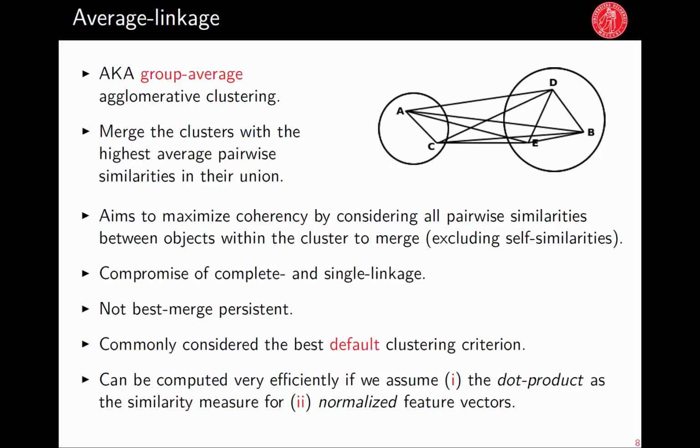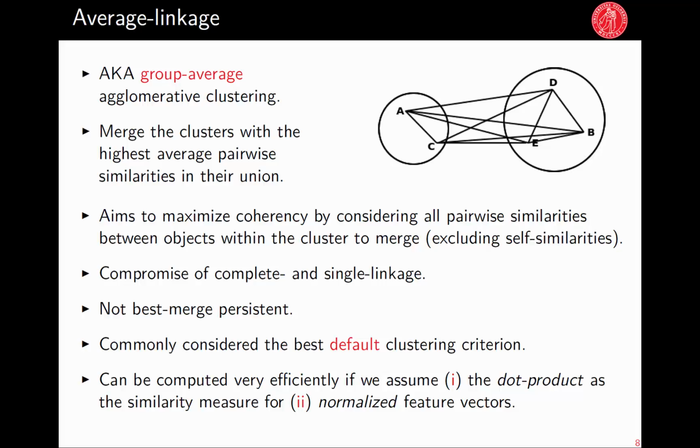What we do in average linkage, or group average clustering, which it is also called, is we compute the pairwise similarities between all the points in the union of the merged cluster. So we can think that we here merge, we have all the points A, B, C, D, E in one and the same cluster, and we compute all the pairwise similarities within this cluster, excluding self-similarities.